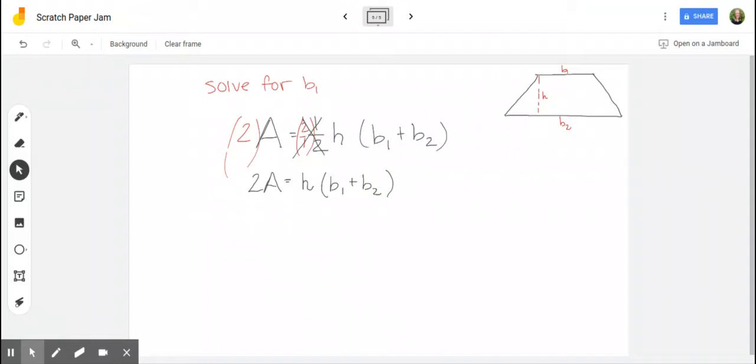Okay, so there's two ways that you could go about this from here. You could distribute this h into the parentheses. Okay, but I know that to get rid of that h, it's being multiplied, right? Being distributed means something is being multiplied. So to get rid of it, I can divide. So why would I spend all this time distributing the h into the parentheses when I see, hey, these are being multiplied?